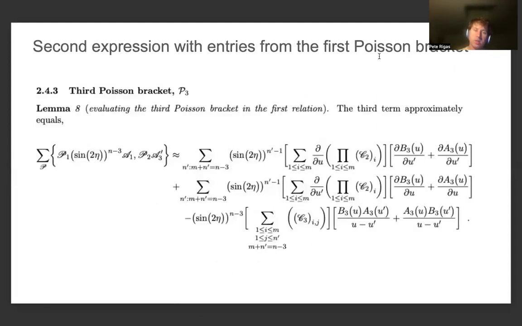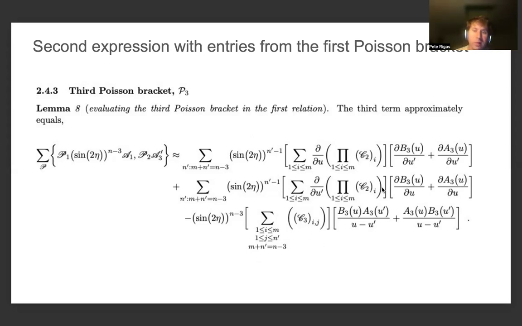And the second expression with the entries of the Poisson bracket, which exhibit similarities, albeit more complicated expressions than the first Poisson bracket, is given by the fact that, again, for the third Poisson bracket, we have an expression which is given by sine of 2 eta only appearing in the first argument of the Poisson bracket, which can be approximately given as some complicated superposition. The fact is that the superposition at the end of it has a very similar term to what we saw in the first and the second Poisson brackets, given that we have a U minus U prime term which is normalizing both of these products.